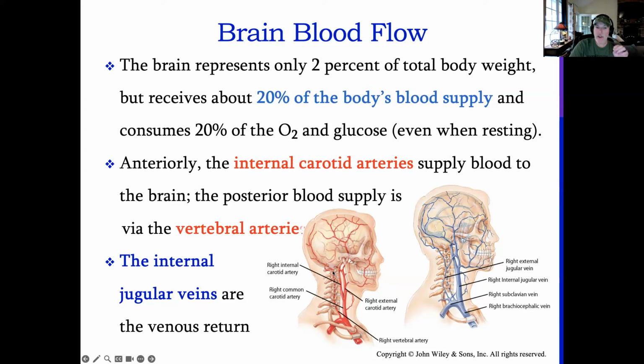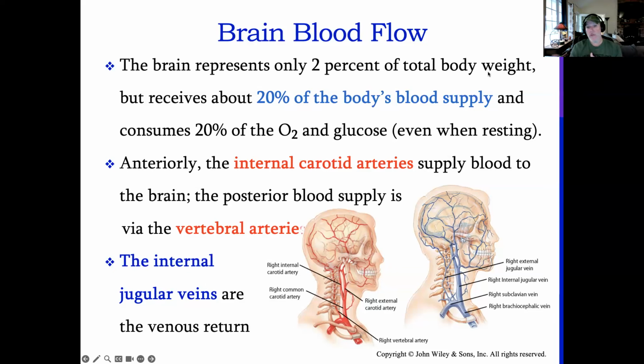The transverse foramen exists to allow for these blood vessels to pass through. Essentially what we have is a very, very safe way of delivering blood. If we only had one blood vessel to deliver blood to the brain, and we had some type of blockage to that blood vessel, then that would mean we would have no way to get blood to the brain. So rather than having one, we have more than one.